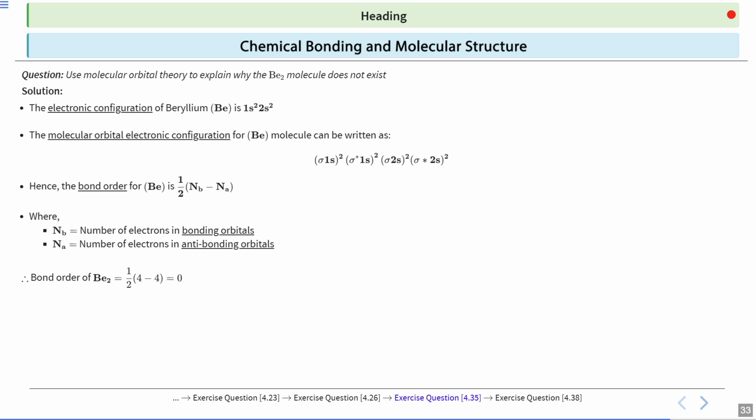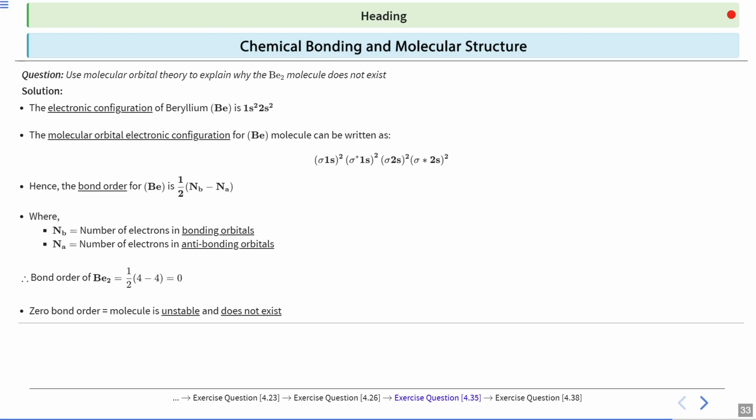It's very simple. Yes, for the case of Be2, there will be no existence because the bond order is coming out to be 0. If you see the nitrogen molecule, then it has a bond order of 3. Okay, it has a bond order of 3.